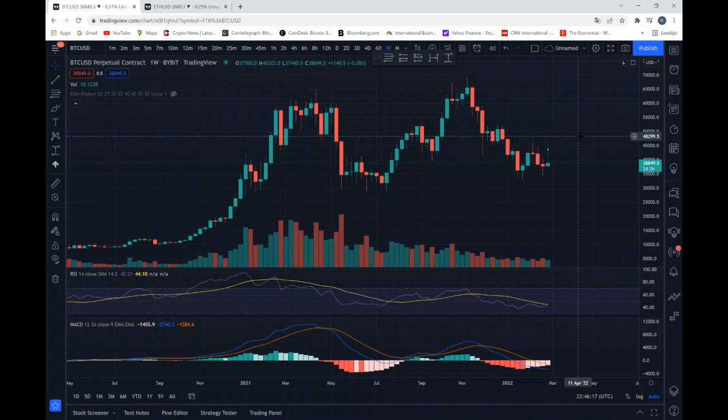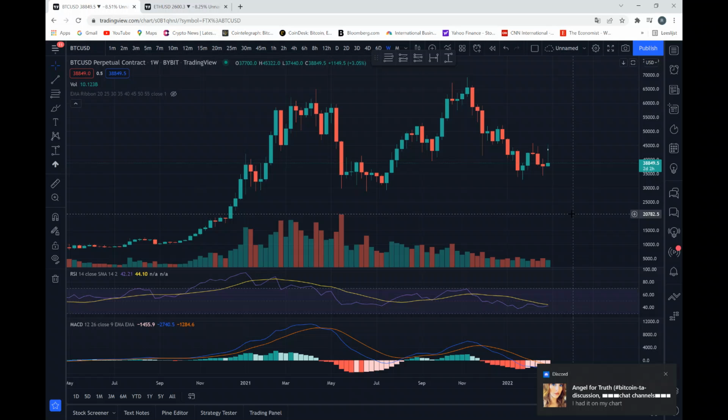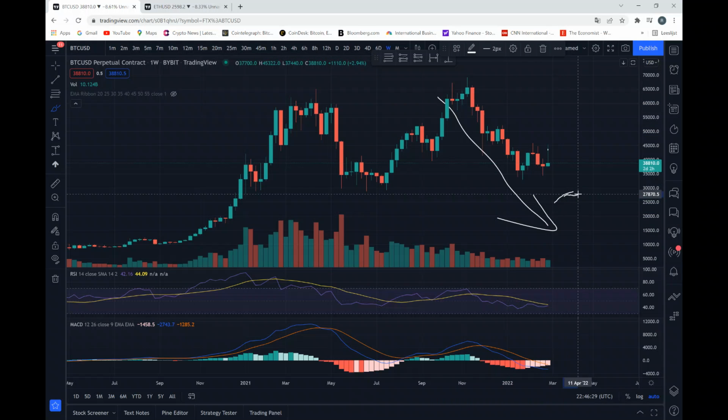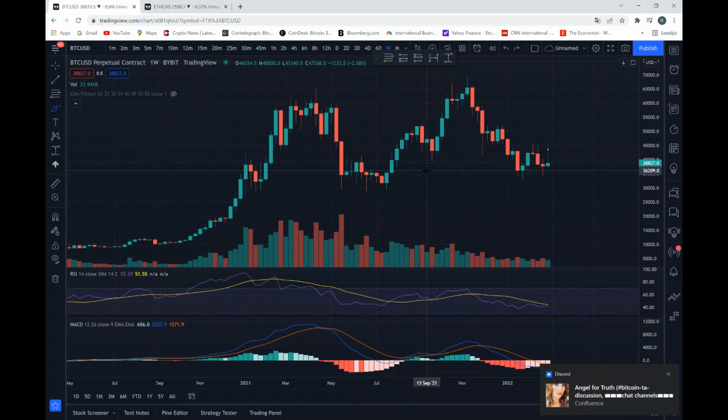Absolutely not. These bigger time frames are always more powerful than the small time frames. So although on a small time frame we might be going up, if the bigger time frame says we are going down, then the small move is just tiny, and suddenly we're going down. So always take the big time frames into consideration. They are the most important. Those are the really big leading indicators.